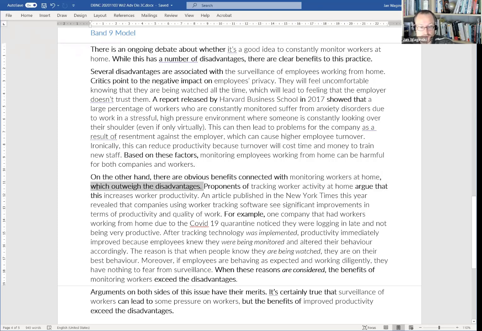This is your opinion. And then at the end, when these reasons are considered, the benefits of monitoring workers exceed the disadvantages. This is the third place where we've stated the opinion. And then at the very end, exactly as you said, Dina, but the benefits of improved productivity exceed the disadvantages. So we've given our opinion in 4 places. 1, 2, 3, 4.